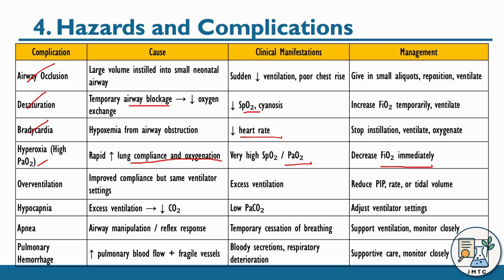Third natin is, again, paradoxical, no? Overventilation and hypocapnia. So, as compliance improves, there's too much ventilation and yung carbon dioxide mo drops. So, ang consequence kasi nito, it can cause cerebral vasoconstriction.